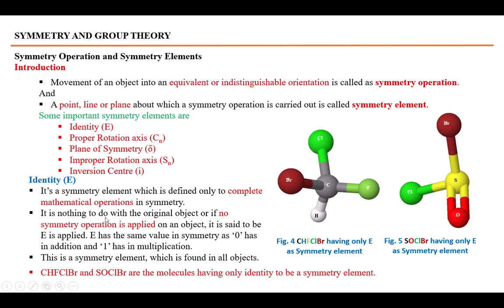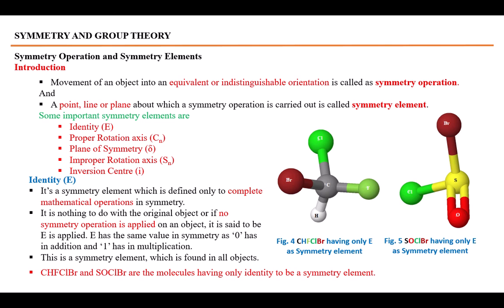Identity has nothing to do with the original object, or if no symmetry operation is applied on an object, it is said that E is applied. E has the same value in symmetry as 0 has in addition and 1 has in multiplication. As you add 0 to any number, the same number will be the answer. Similarly, if you multiply 1 by any number, the answer will be that number.